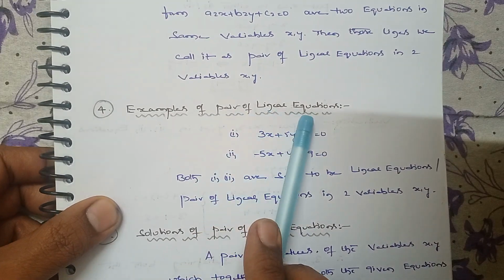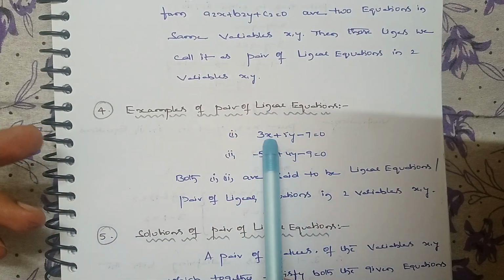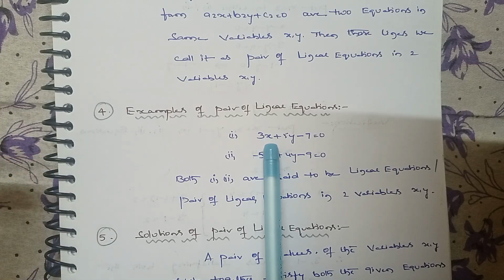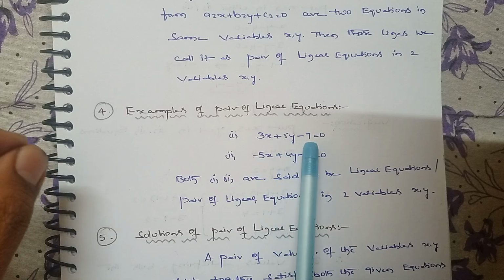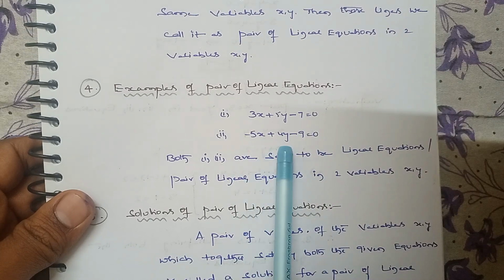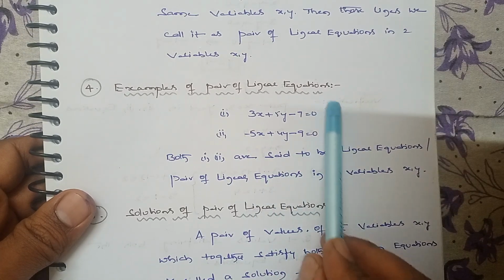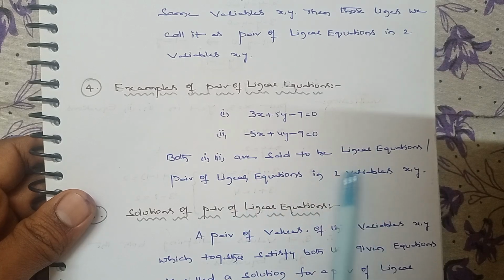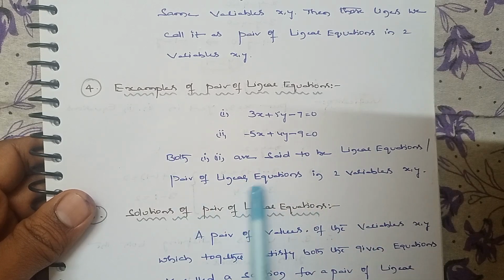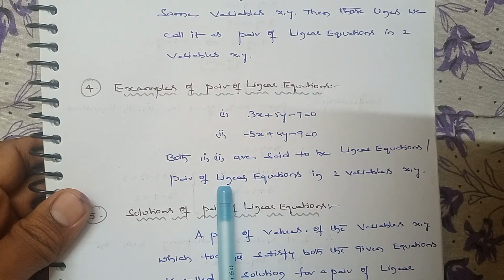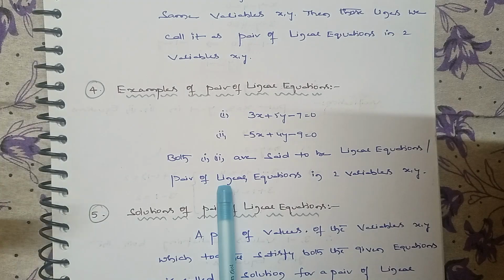Examples of pair of linear equations. Take any numbers as coefficients, and it should be in the form of ax plus by plus c equal to 0. See, I took one example: 3x plus 5y minus 7 equal to 0, and minus 5x plus 4y minus 9 equal to 0. Here both 1 and 2 are said to be linear equations, or a pair of linear equations. We are talking about these two equations at a time, so that's why we call it a pair, two.